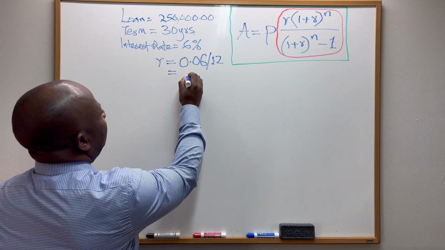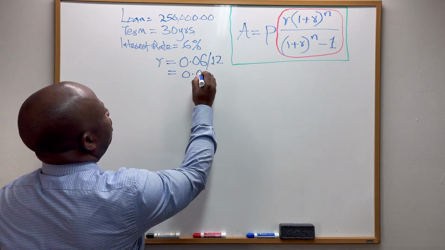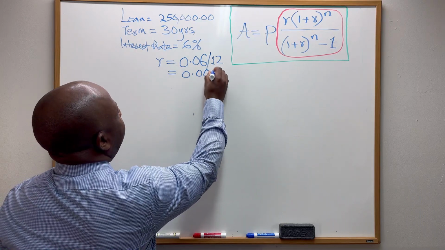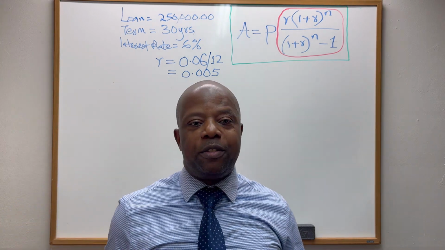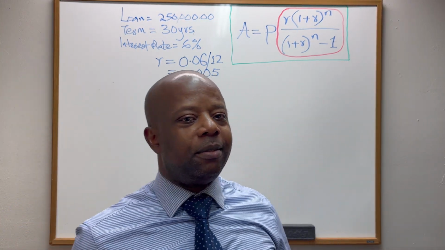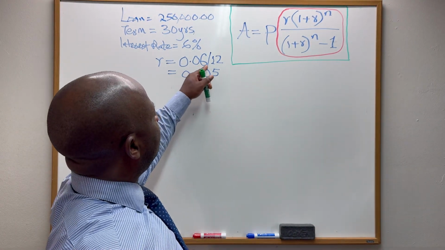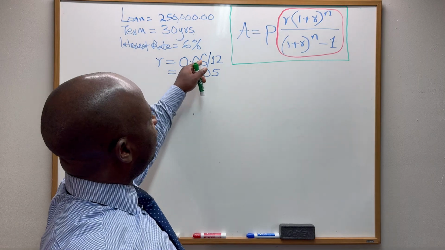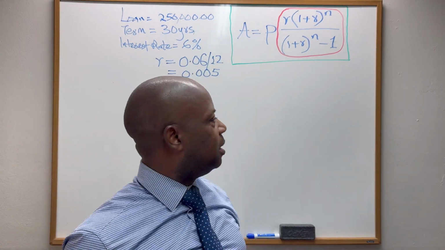And this number is 0.005. 6 divided by 12 is 0.5. So that will move the decimal point one more place.